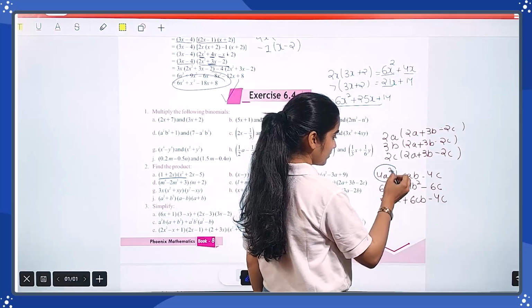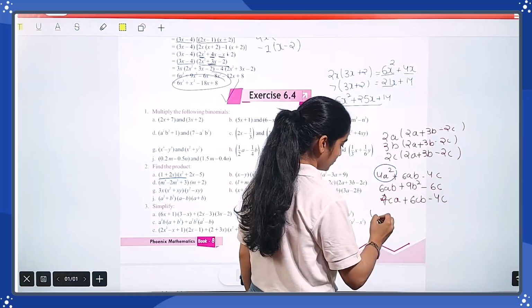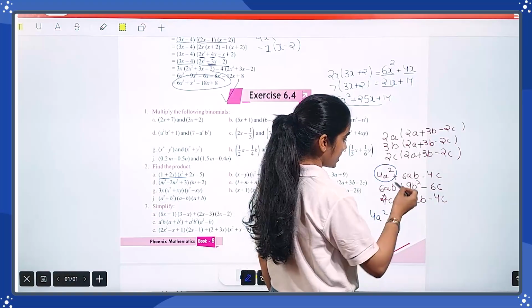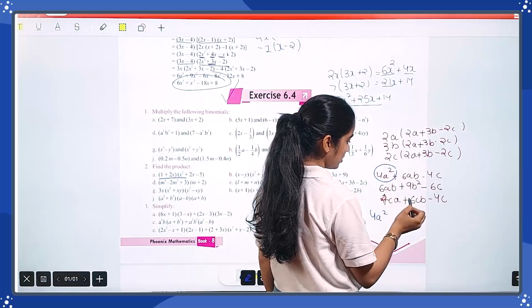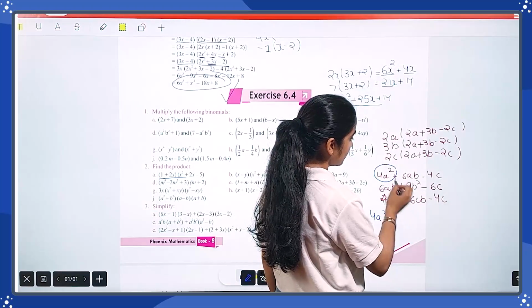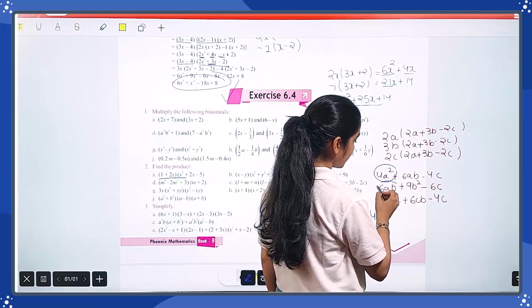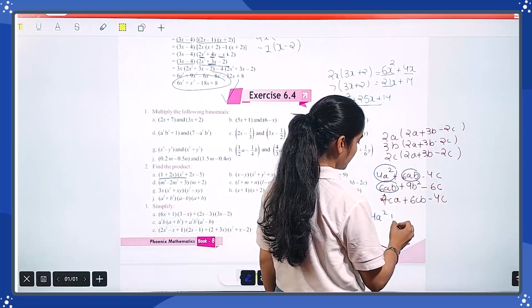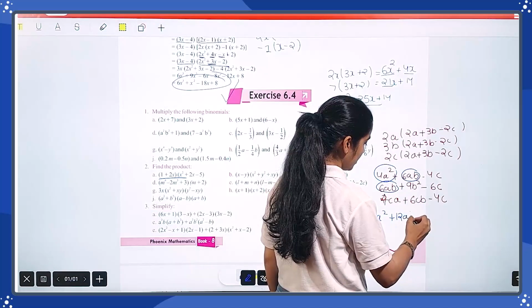4a square, nothing to add, so 4a square. Next 6ab and 6ab is plus 12ab.